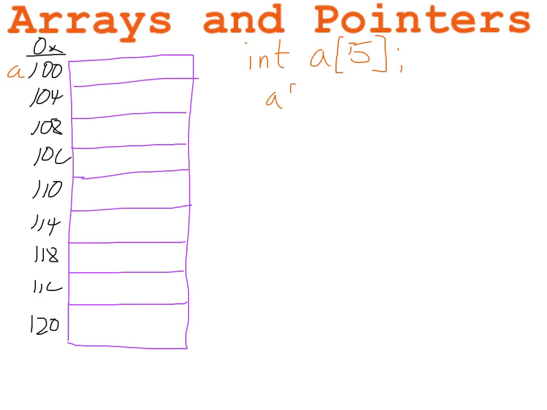So for example, we could say A of element 0, and remember, when it comes to programming, arrays start at element 0, they don't start at 1. So element 0 of array A, let's set that equal to 10.